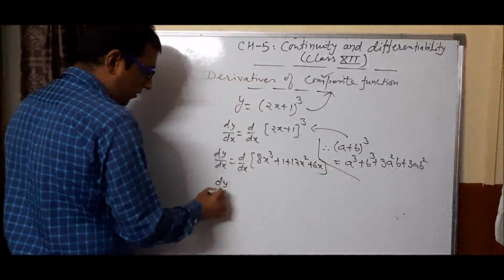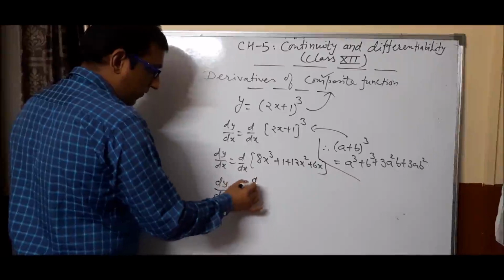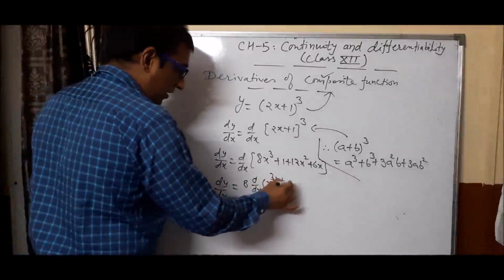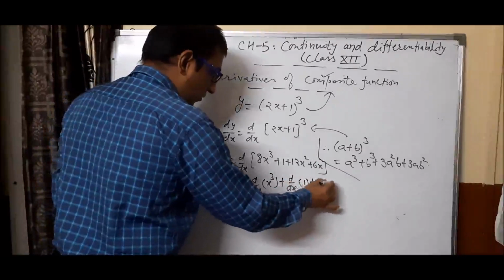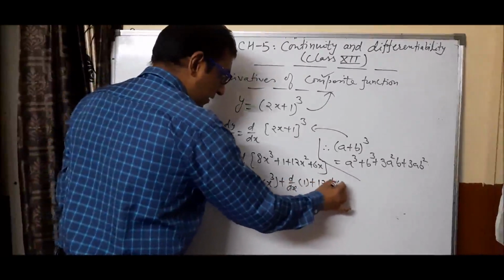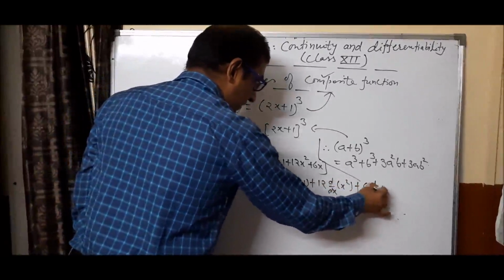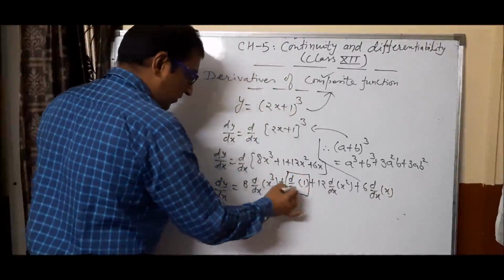So dy by dx equals to, we will take here 8 outside the bracket because it is constant quantity, and do the differentiation of variable. d by dx of 1, 12 is constant quantity, again 6 is constant quantity, and this is purely constant, so it becomes 0.